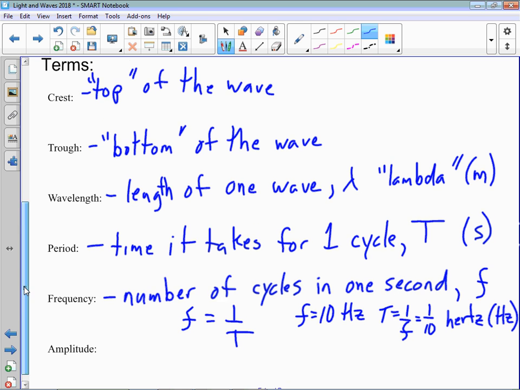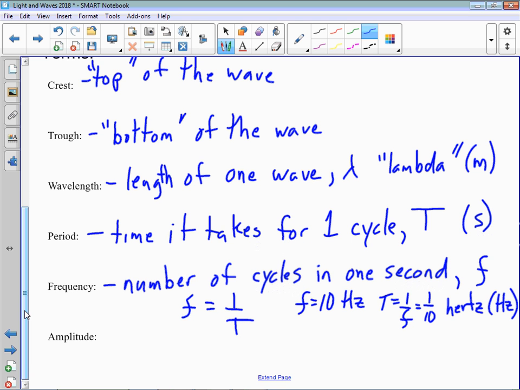The other point that we want to look at in a wave is the amplitude. The amplitude is the "height" of the wave, and I'll use quotations for height because it might not actually be a physical height.